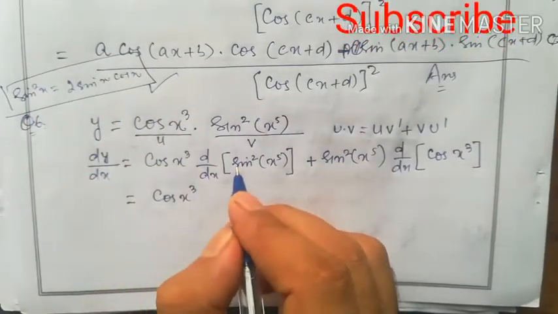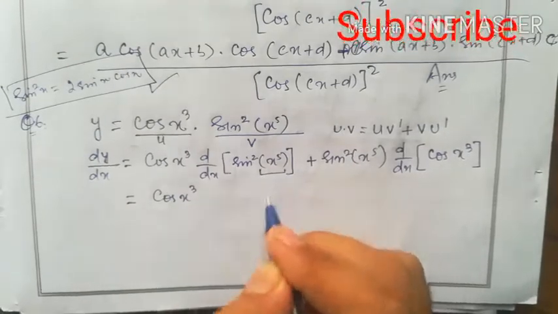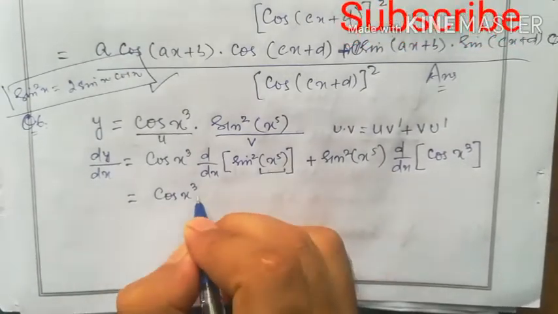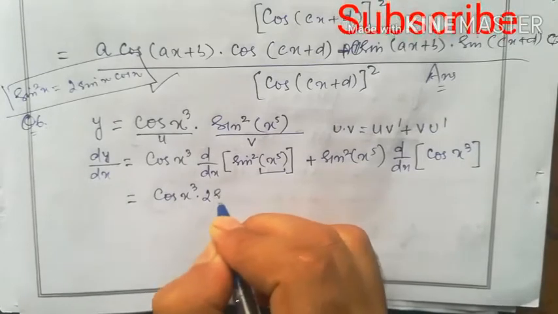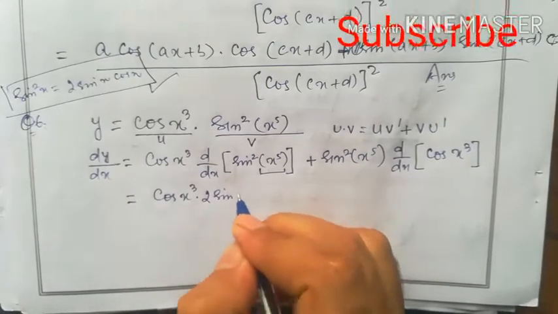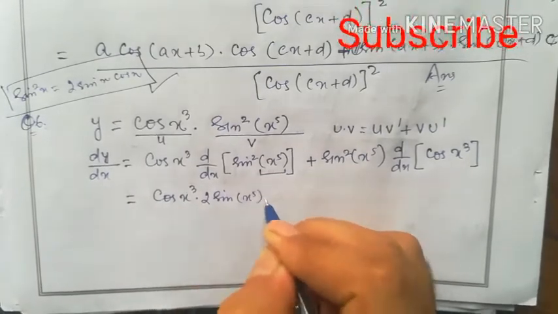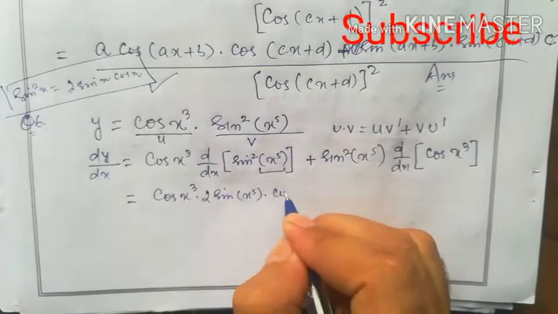So I can write here sin 2x, in place of x it is x to the power of 5. So I can write here twice sin x 5 into cos x 5.